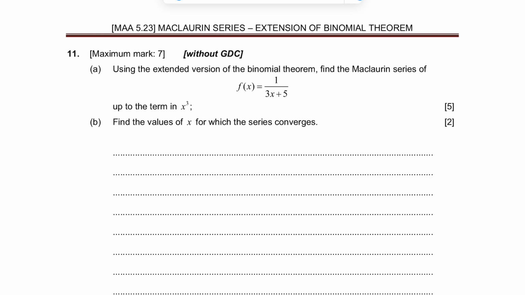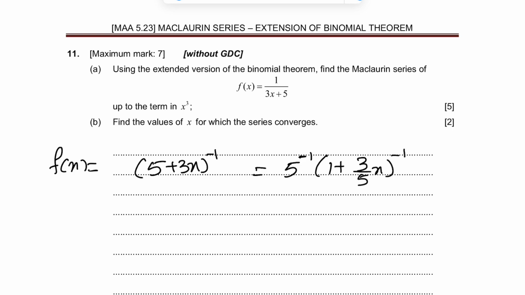Now coming to question number 11. f of x is given. Use the extended version of the binomial theorem to find the Maclaurin series till x cubed. So f of x equals (5 plus 3x) to the power of negative 1, which is nothing but 5 to the power minus 1 times (1 plus 3 upon 5 x) to the power of negative 1.